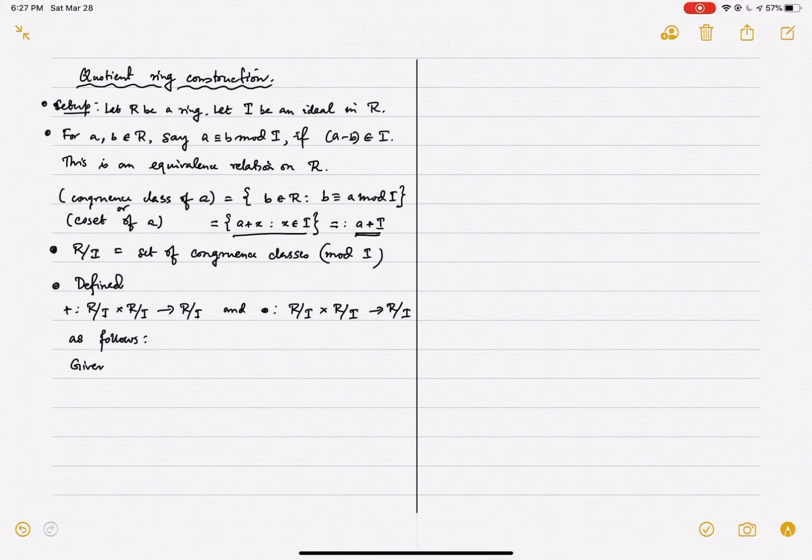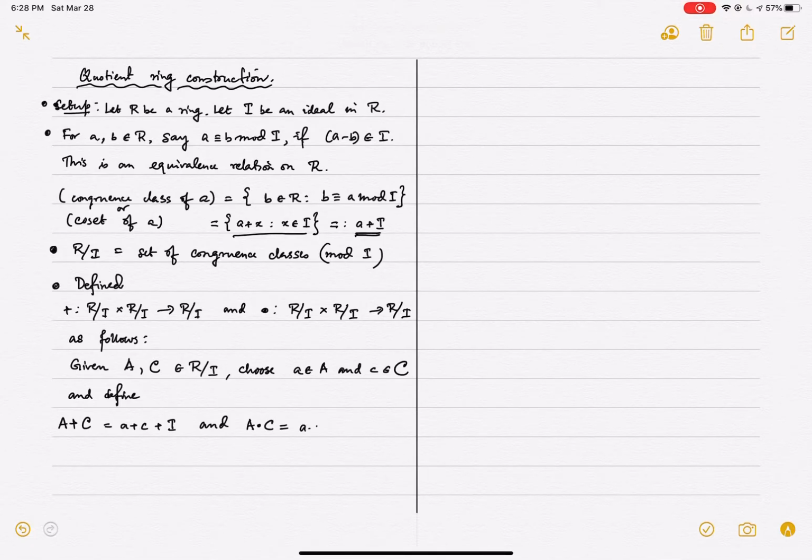Given two cosets A and C in R mod I, choose a little a in capital A and a little c in capital C, and define A plus C to be the coset of little a plus little c, and A times C to be the coset of little a times little c.